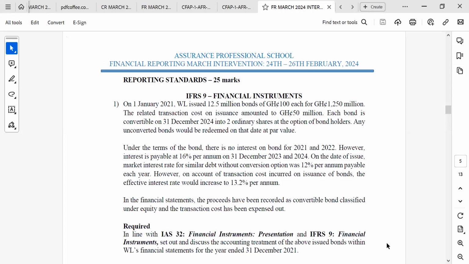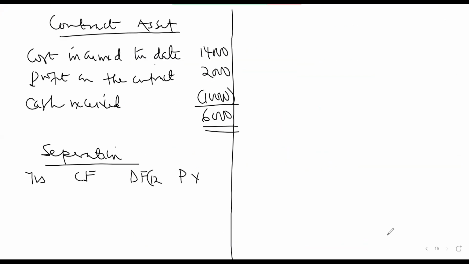So if you come here, what is the interest rate for a similar bond without conversion? 12%. Okay, that will be the discount factor, 12%. The bond is for how many years?